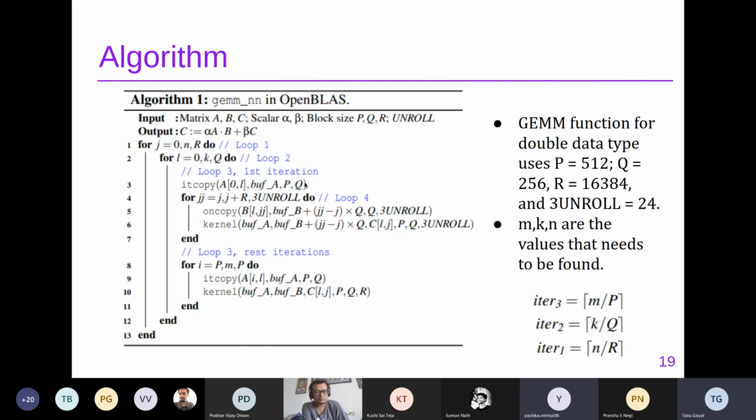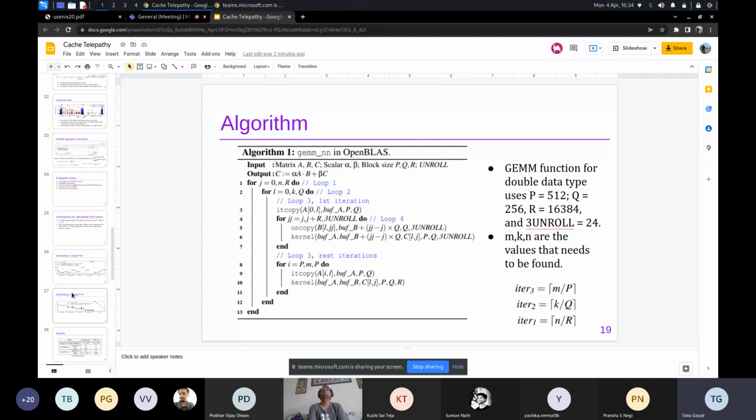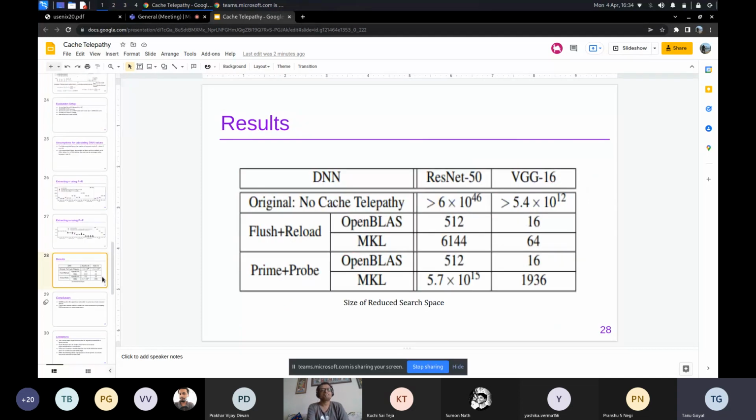My point is, does it have anything to do with the efficiency of the attack? If the P, Q, R values are larger than what they have taken, will it impact the efficiency of the attack, or the data they are able to extract? We have seen in the final results that if the matrix size is less than the block size, they use a different algorithm altogether.